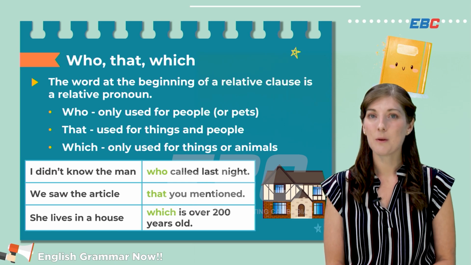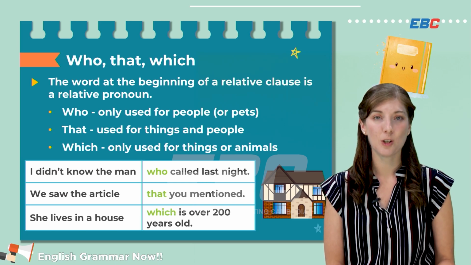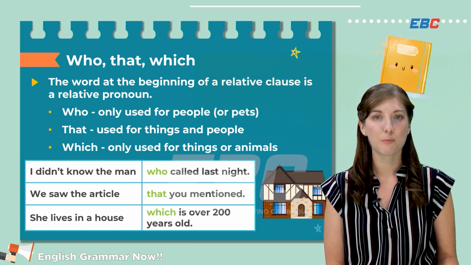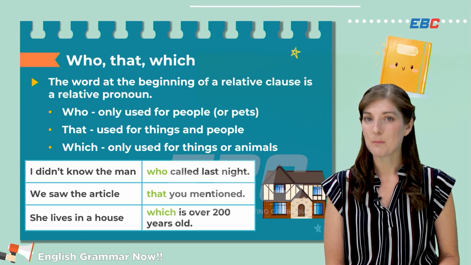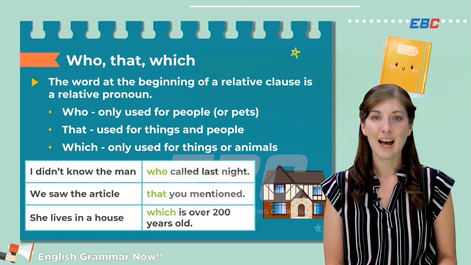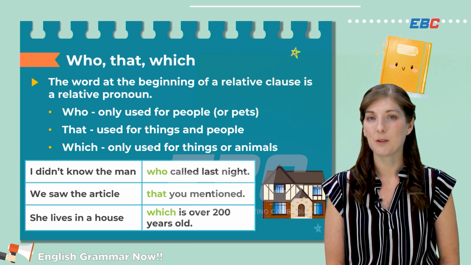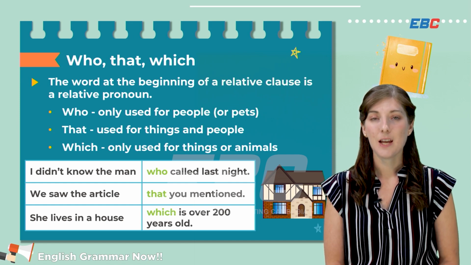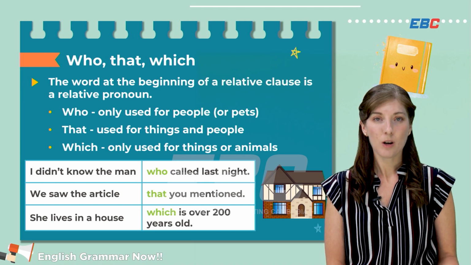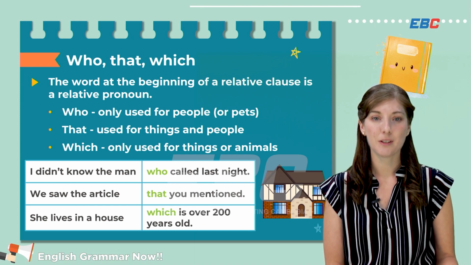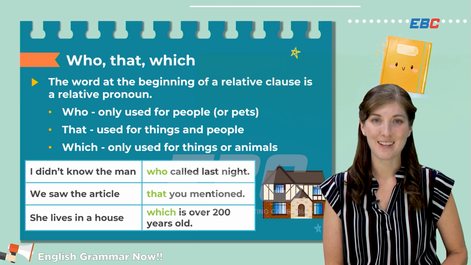The word that comes at the beginning of a relative clause is called a relative pronoun. We're going to start by looking at who, that, and which. These are probably the most common relative pronouns. When we use who, we're only really talking about people, but we could be talking about pets.